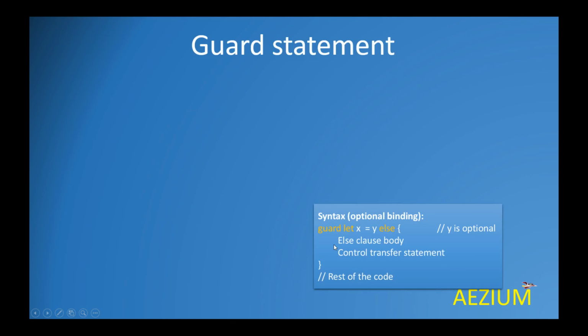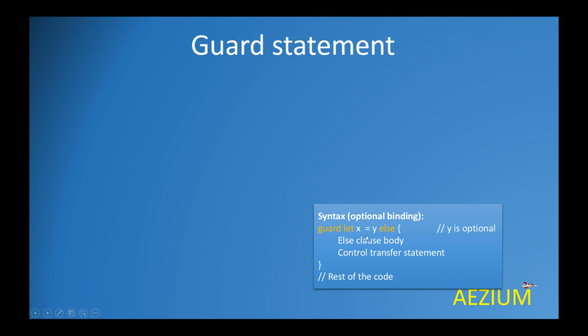If we wish to declare and assign parameters using the guard statement, we can follow a similar structure as we did with optional binding. So we have the keyword guard followed by the keyword let or var, and then we have the optional binding equation where x is a parameter which is assigned the unwrapped value of optional y if the value is non-nil. If y is nil, then this condition will be false.